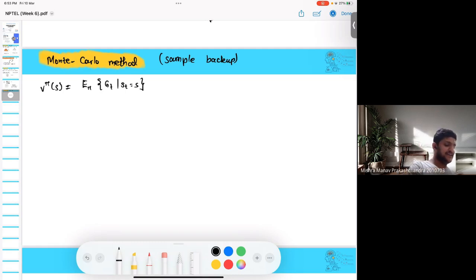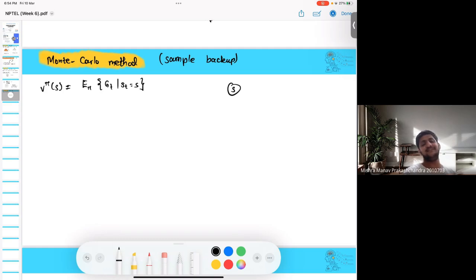Now think of it like this. Let's say I start with some state S and then I follow policy pi, and I take action A. Then I get the next state, S2, action A2, state S3, action A3, and so on. I keep doing that until I reach some terminal state.